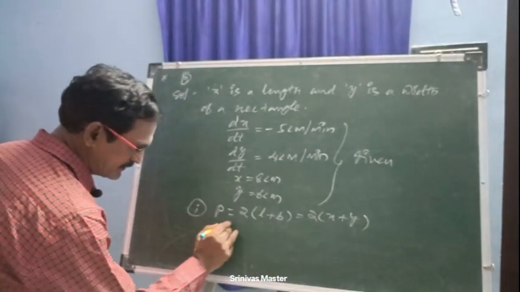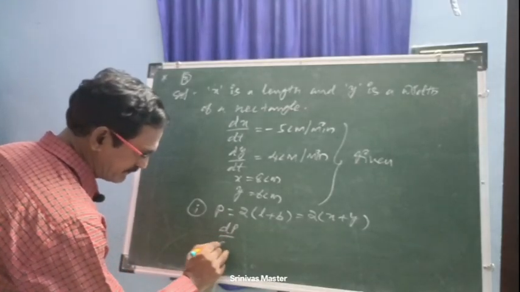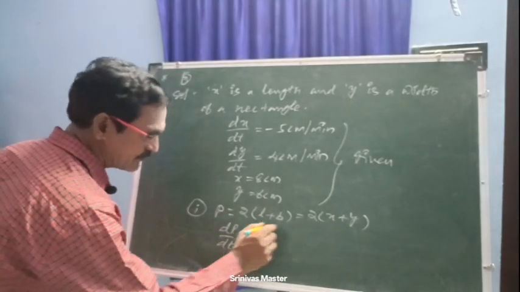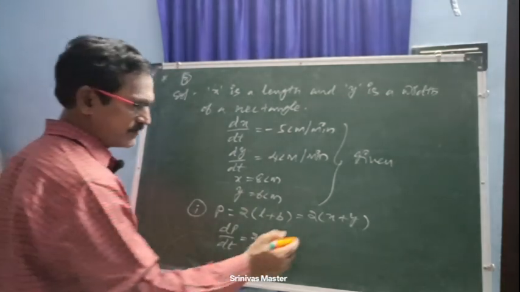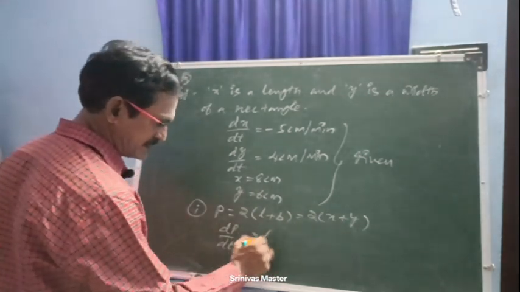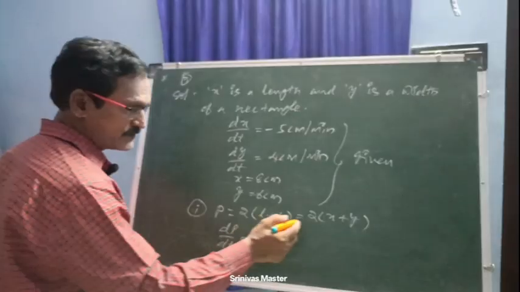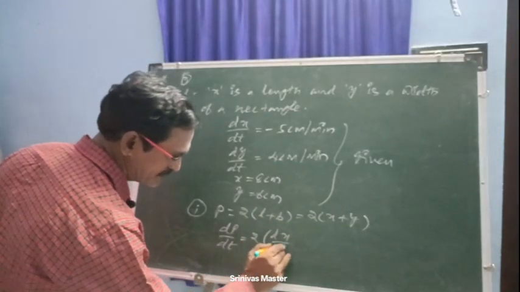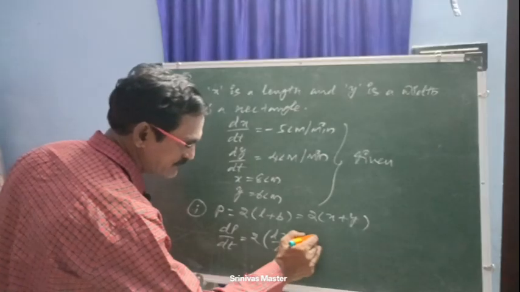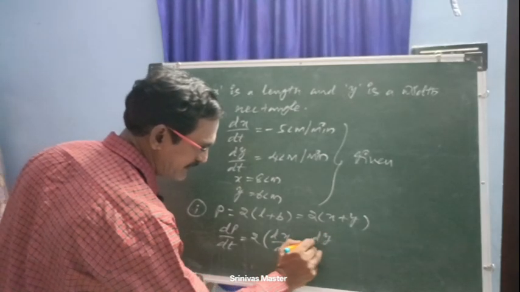That means dP by dt equal to 2, is the common, no? 2 is the stable, no? So we can take X plus Y derivative with respect to t. So derivative of x with respect to t means dx by dt. With respect to y means dy by dt.